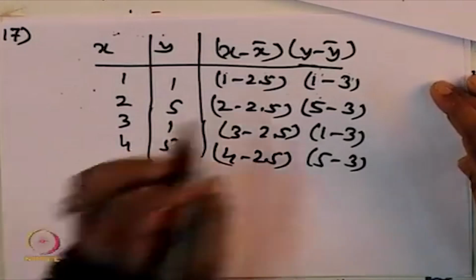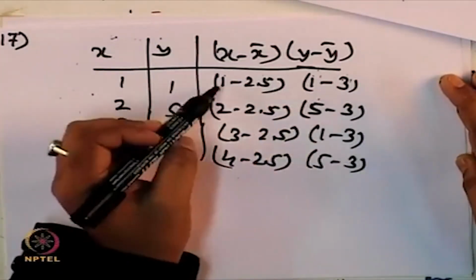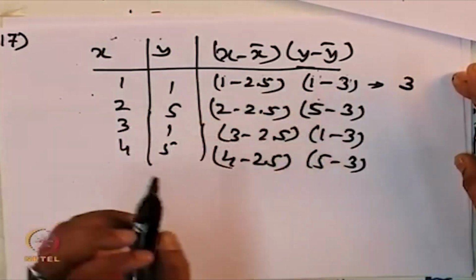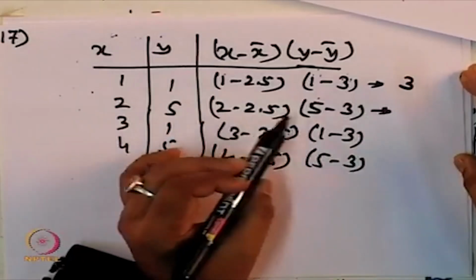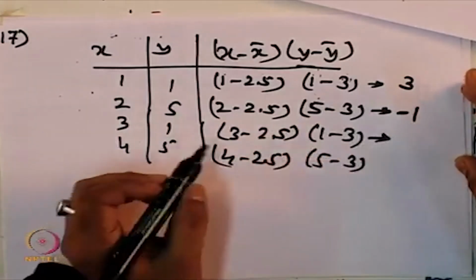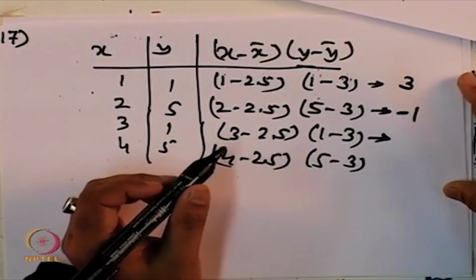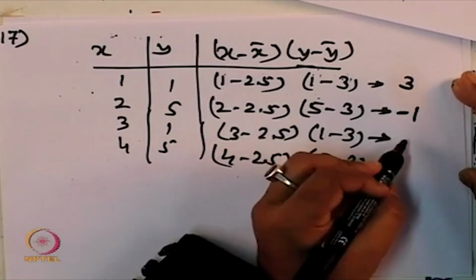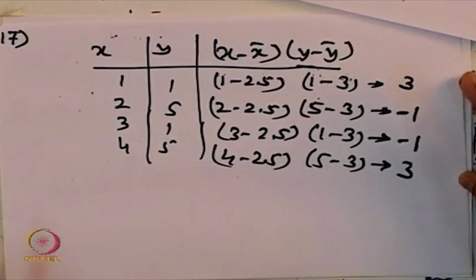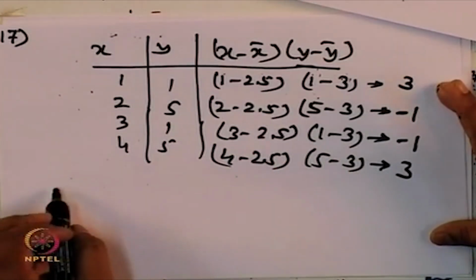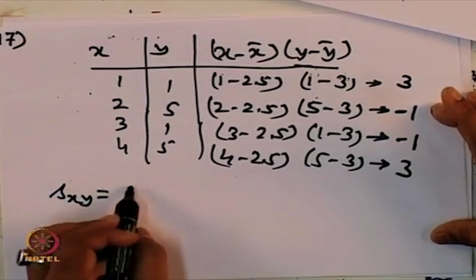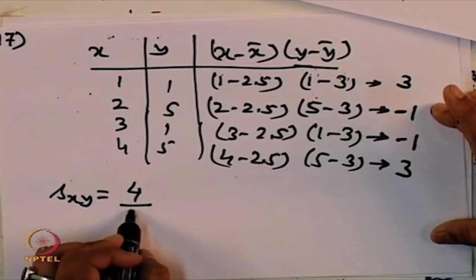You can find out these values. So this is 1.5 into minus 2, which is minus 3, minus into minus is plus, then minus 0.5 into 2 is minus 1, then 0.5 into minus 2 is minus 1, and 1.5 into 2 is 3. Okay. So I can calculate the summation. So Sxy will be the summation of this, which is 6 minus 2, that is 4, by 3.